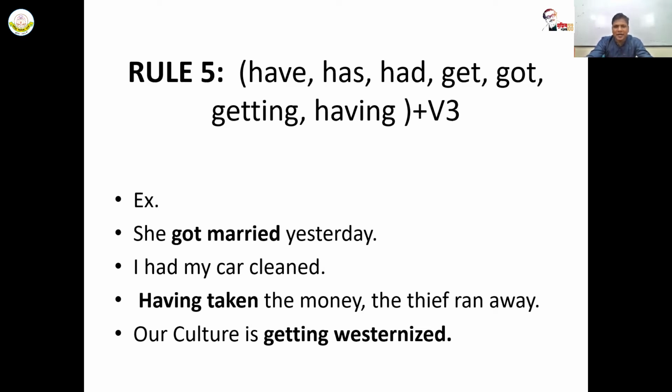That's why I'm writing V3 here. But I hope you are very clever students and can understand it, and you are familiar with V1, V2, V3. For example, she got married yesterday. I had my car cleaned. Having taken the money, the thief ran away. Our culture is getting westernized.